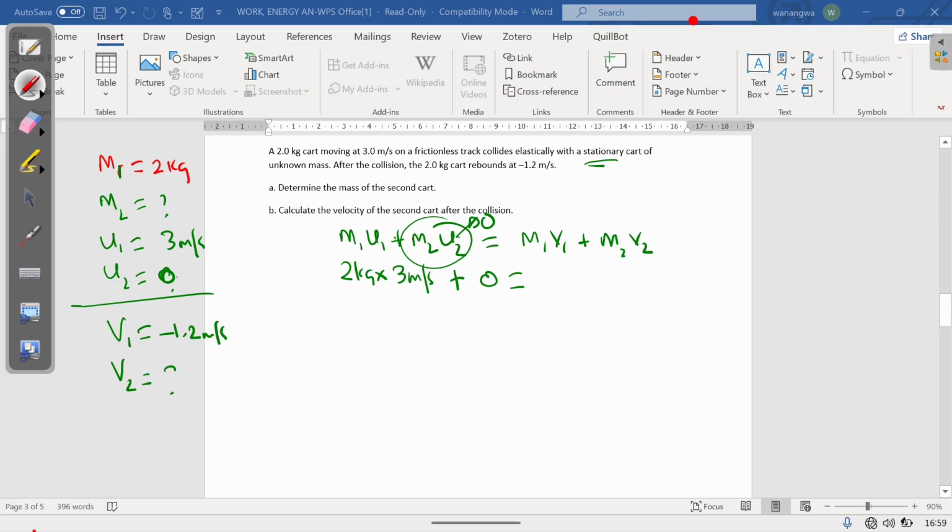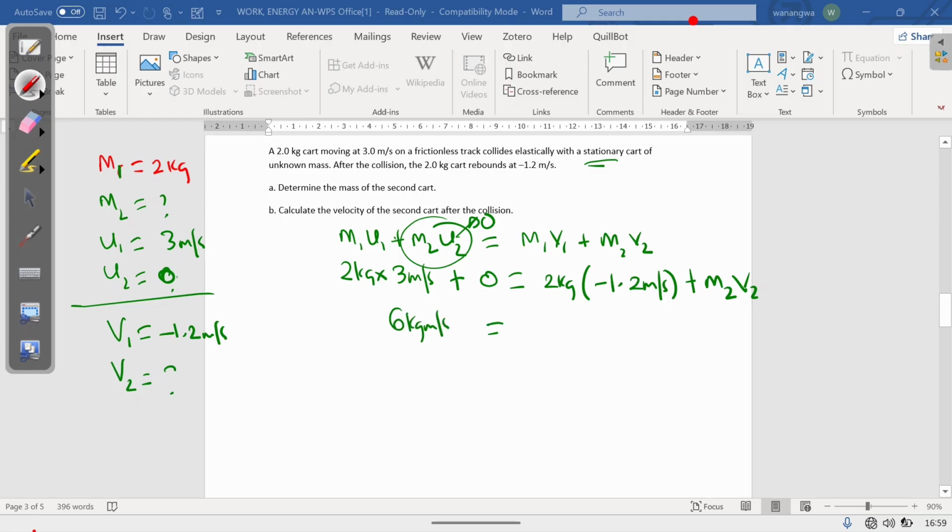So it's equal to, the mass of 1 is 2 kg, v1, multiplied by negative 1.2 meters per second, plus these ones, we're not given anything there. We don't know anything. Okay, so from here, this times that is 6 kg meters per second.